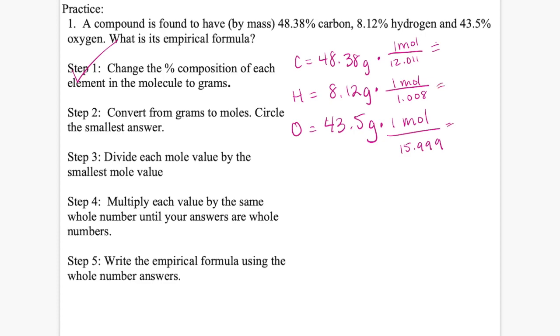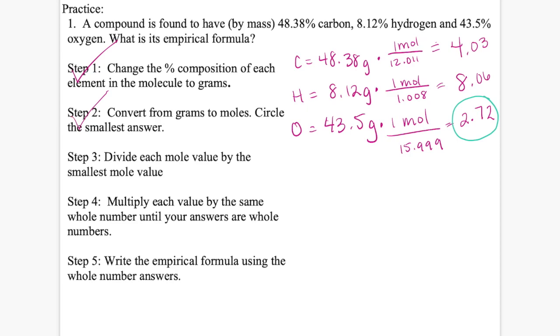When we multiply and divide these all out, we get 4.03, 8.06, and 2.72. I rounded to 2 decimal places for each. The last part of step 2 is to circle the smallest answer, which is our smallest number of moles. So step 2 is complete.